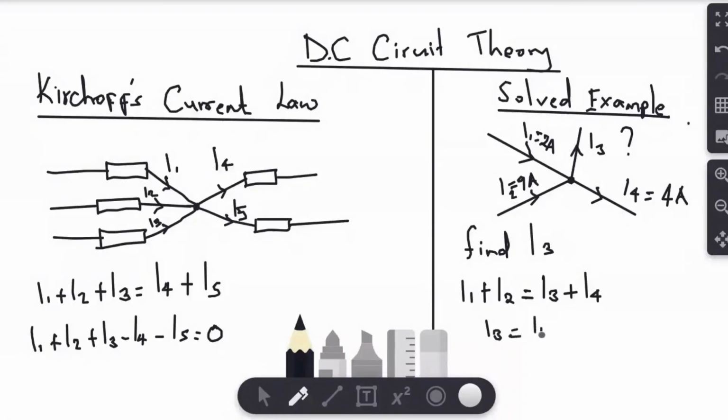Then put in the numbers because we already have the values of the currents. So I3 will be given by 9 amperes plus 2 amperes minus 4 amperes, which will give us 7 amperes. So the value of I3, or the current flowing through I3, is 7 amperes.